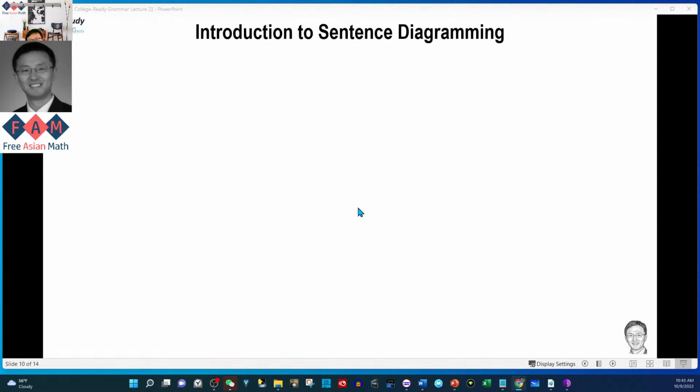Now, it's very important to learn how to analyze sentences, especially complex sentences. But before we go there, we can see that no matter how complicated sentences are, the fundamental building block is the simple sentence, right?